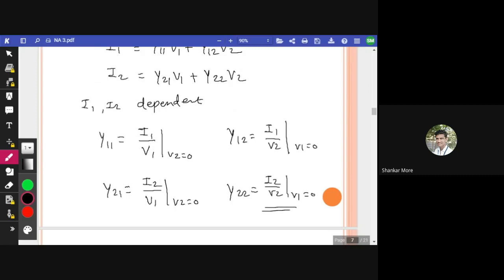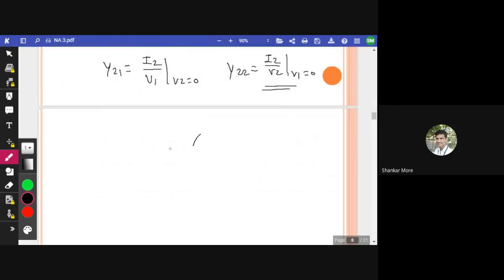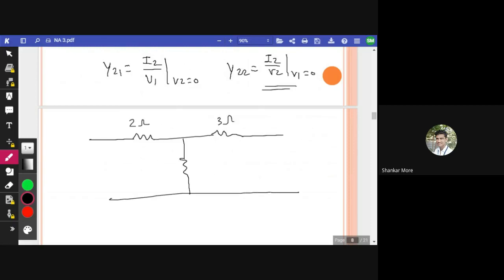Okay, now how do we calculate these parameters? So again, we'll take the same example that I have already taken in the last parameter. Okay, so these are two resistances. This is the third one, its value is 2 ohm, its value is 3 ohm, and this value is 1 ohm. I1 is flowing through here, I2 is flowing through here, and this is V1, this is V2. So what were the equations?